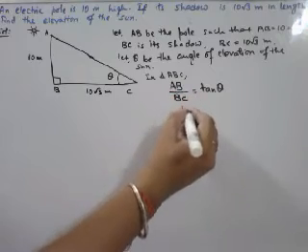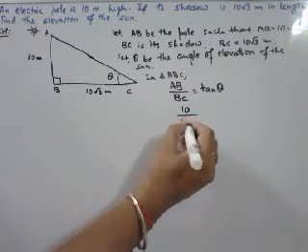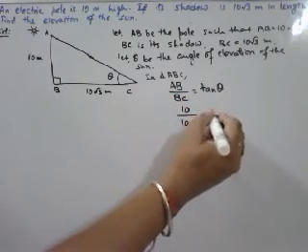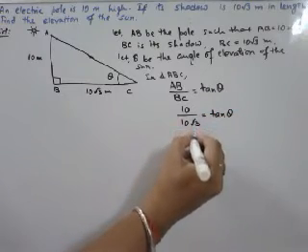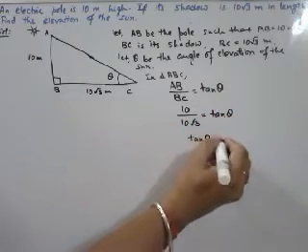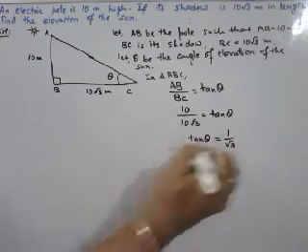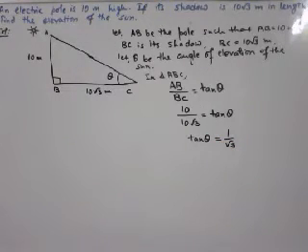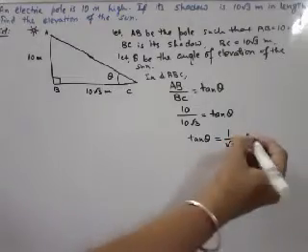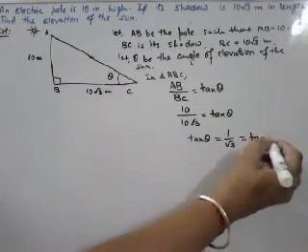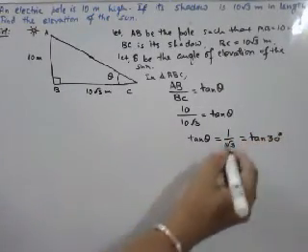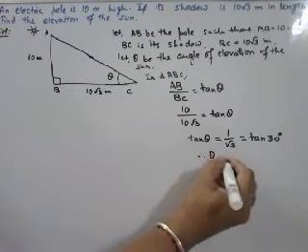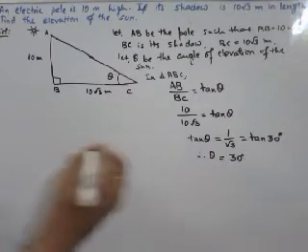Here AB value is 10, BC value is 10 root 3. So value of tan theta is 1 by root 3. Now we know tan 30 value is 1 by root 3. So tan 30 is 1 by root 3. Therefore theta equals 30 degree.